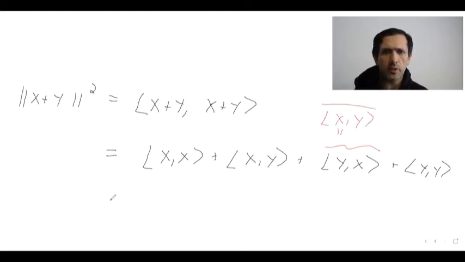So this is just going to be equal to, well, of course, it's just (x, y) if it's a real inner product space. Any complex number plus its complex conjugate is just going to be 2 times the real part. So this alone is quite useful. So I will isolate it.